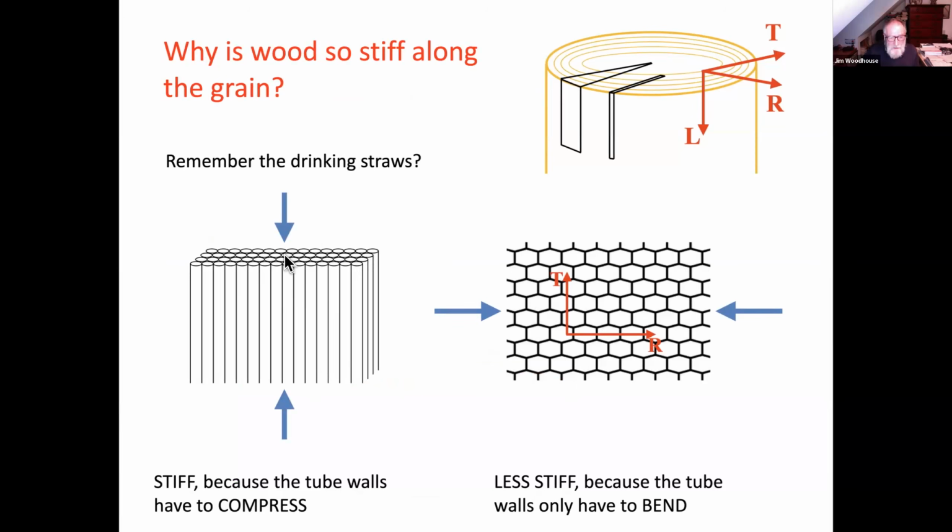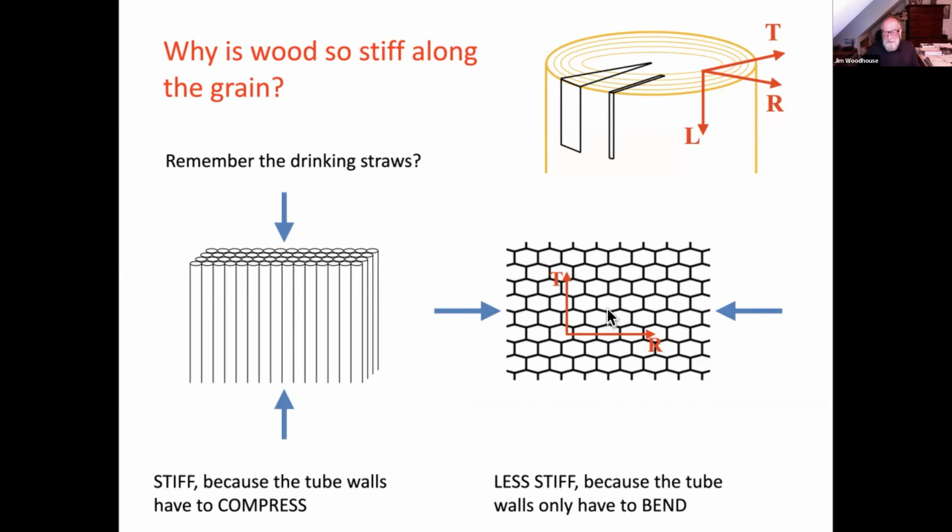So if you take your box of drinking straws and you apply a force along the length of the straws, it's pretty stiff, because in order for the whole thing to get squashed by you pressing it there, all the tube walls would actually have to compress. But in the crosswise direction, if you squeeze your box of straws crosswise, you can squash it flat quite easily. You know, you stand on a box of straws from the side and the whole thing will squash flat.